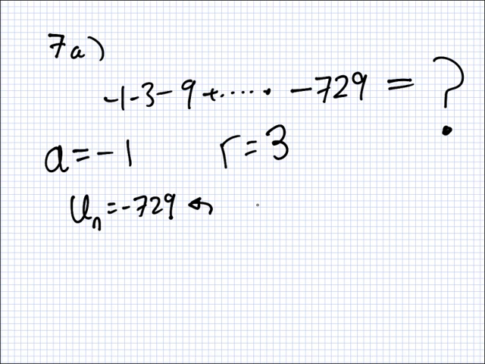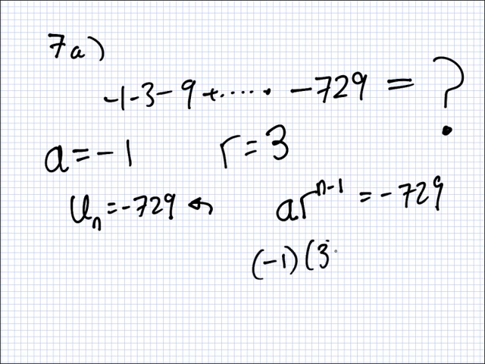So, what's the formula for un, Dunmore? a r to what power? n minus 1. Yeah? Equals minus 729. Right? So the A is minus 1. The r is 3.